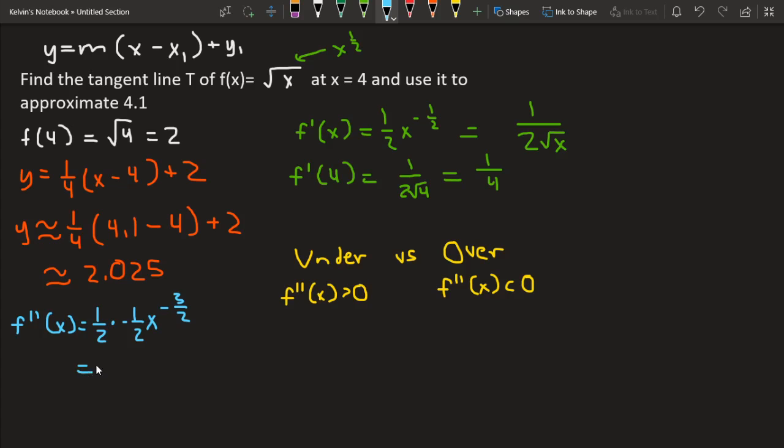And then if we simplify this, we get negative 1 over 4 root x to the power 3.